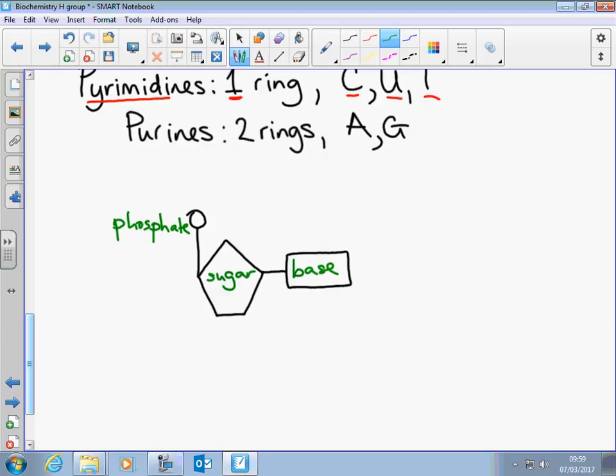Now the next thing is to start joining these together, because one on its own is no good. We need millions of these to give us the DNA code. And so we start joining them together. If that is a nucleotide, then we could join 2 together and get a dinucleotide. Join 3 and have a trinucleotide. But what we tend to do is join many together and get a polynucleotide chain.